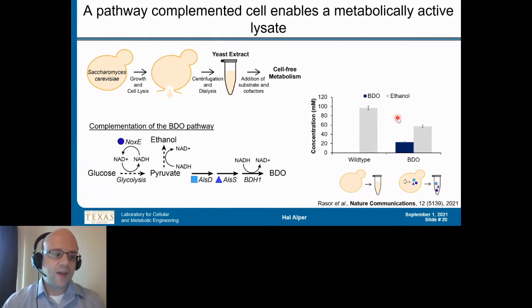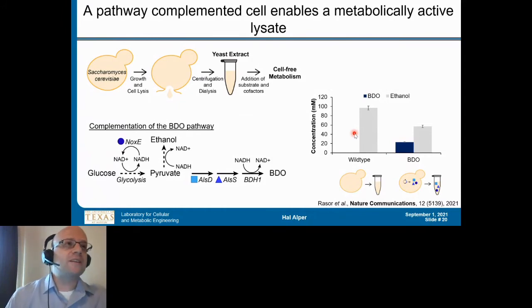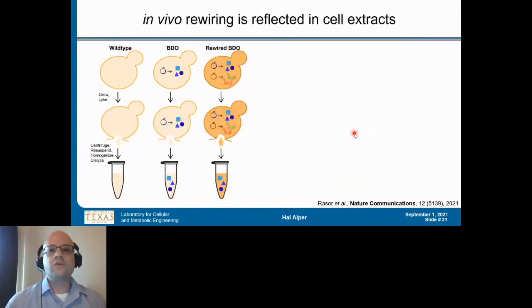With that, we saw that we can indeed activate metabolism in these cell-free systems. So now the next question, does a rewired cell lead to a rewired lysate that would also be better? So we took that rewired BDO strain, made through the CRISPR-based modifications that I just talked about a little bit ago that we can rapidly prototype in cells, and ran through this experiment.